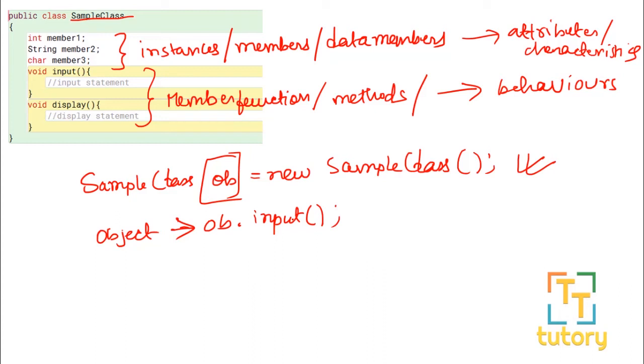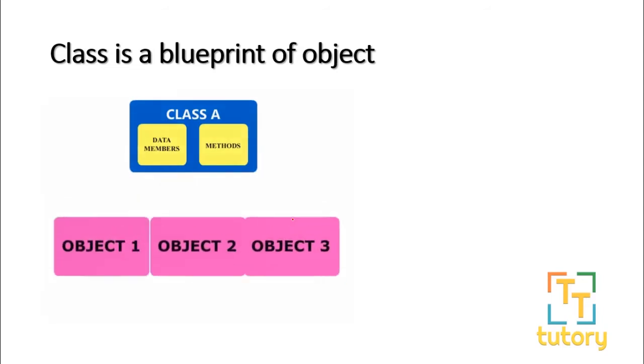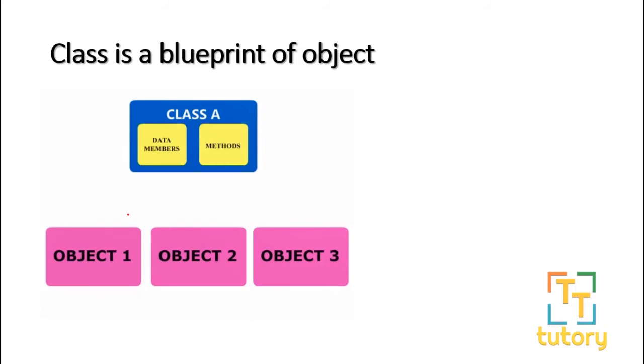Okay, now moving on. Here is a popular statement: class is a blueprint of object. So what do you mean by that? Class is a blueprint of object. Here I have given an example: object 1, object 2, object 3 belong to the class A. Since object 1, object 2, object 3 belong to the same class, these objects will be somewhat similar.